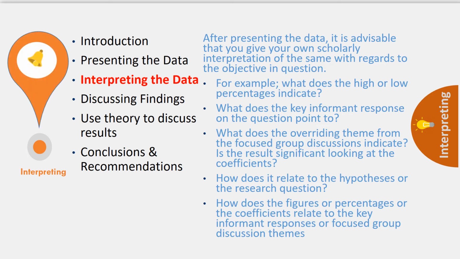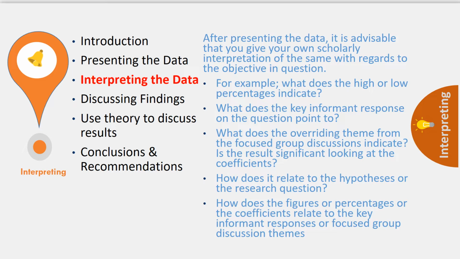Next is interpreting the data. After presenting the data, it is advisable that you give your own scholarly interpretation of the same with regards to the objective in question. For example, what does the high or low percentages actually indicate? What does the key informant response to the question point to? What does the overriding theme from the focus group discussion indicate? Is the result significant looking at the coefficients?